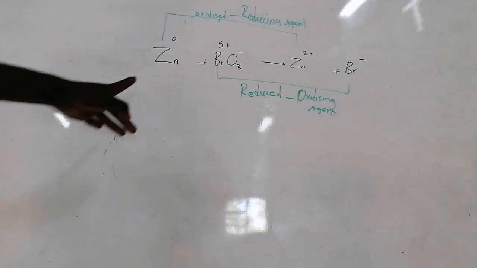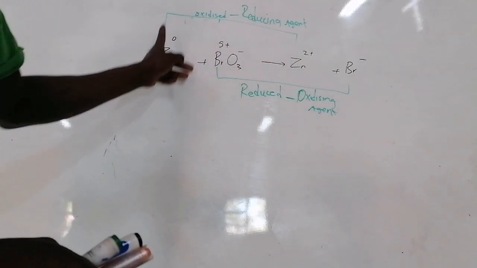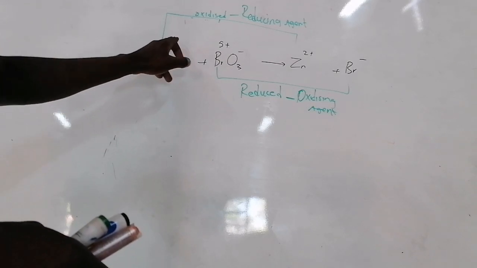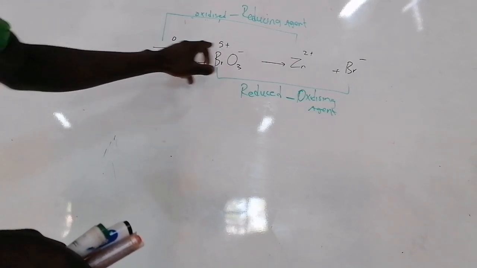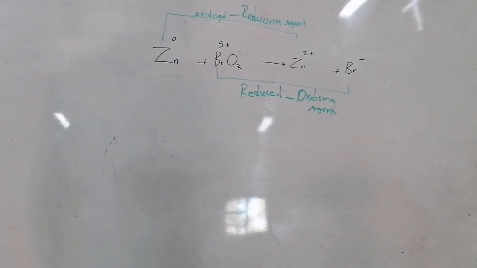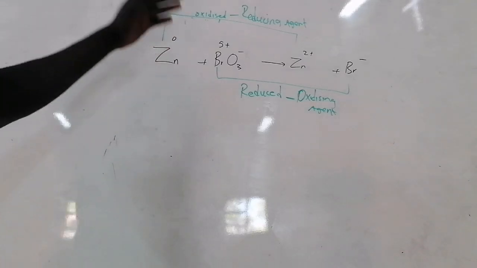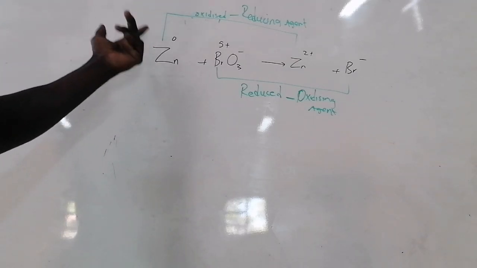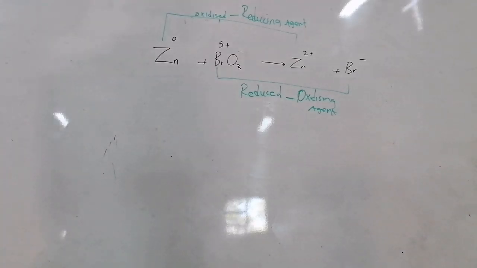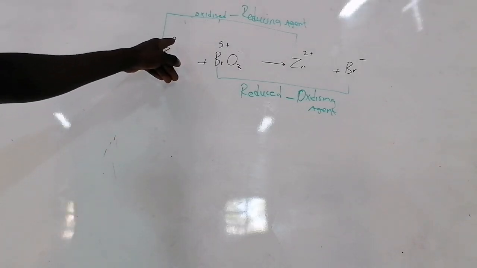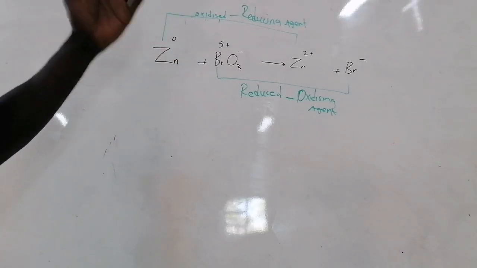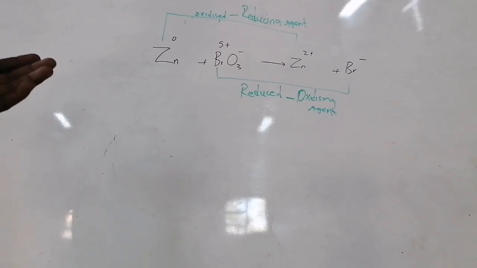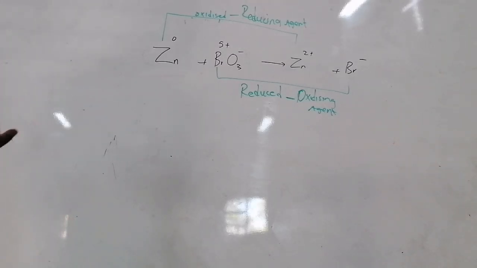So the reason that zinc undergoes oxidation is because the oxidation number increased from 0 to positive 2. Then you get your 2 marks. They ask that question: why is zinc undergoing oxidation? They will say, explain in terms of oxidation number why zinc is undergoing oxidation.